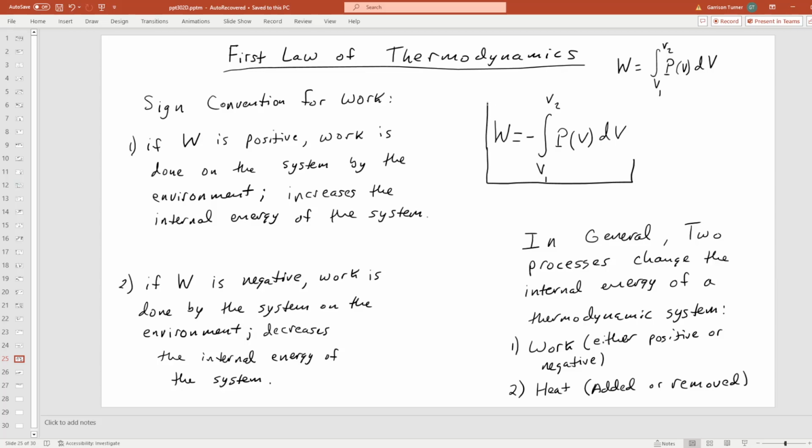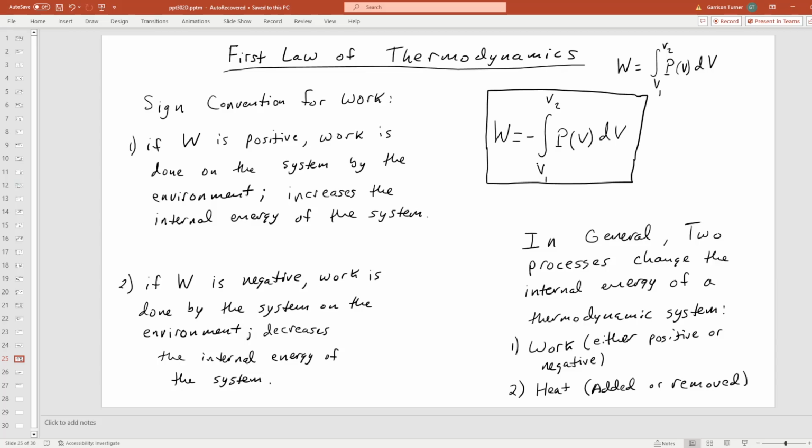I'm going to define work like this. I'm going to say that work is equal to the negative of this integral of p as a function of V dV. And we'll see how this operates here in just a moment.